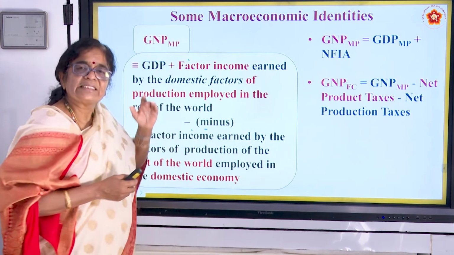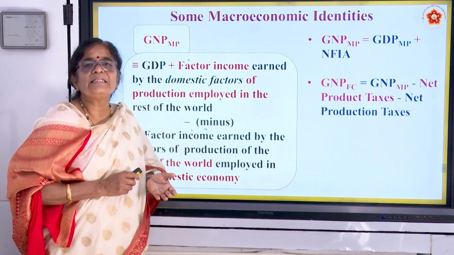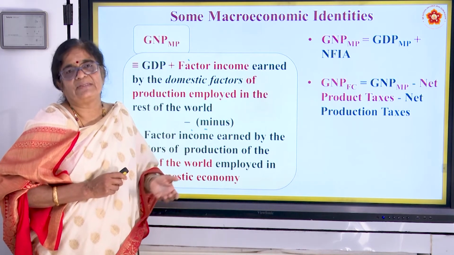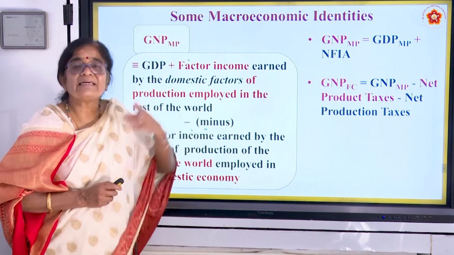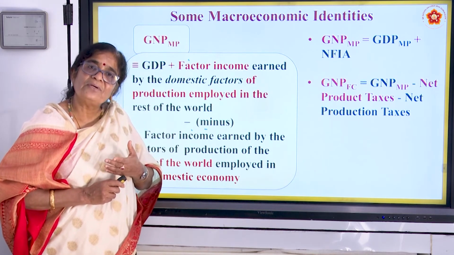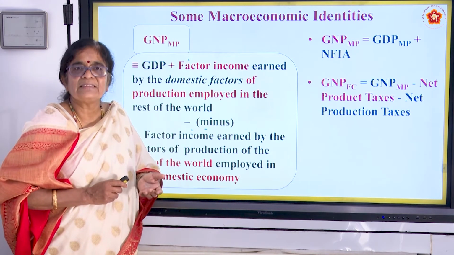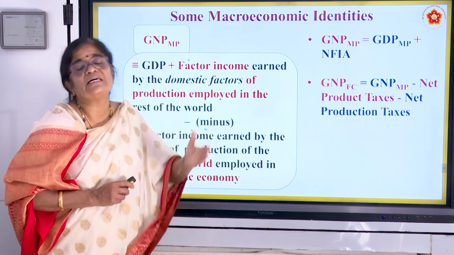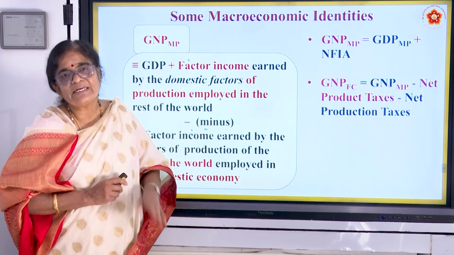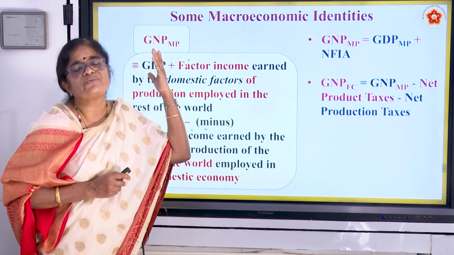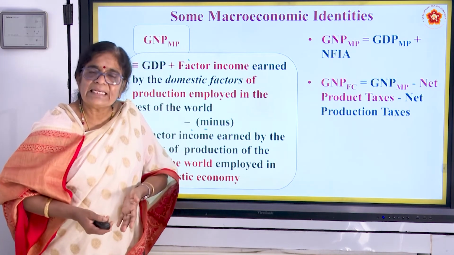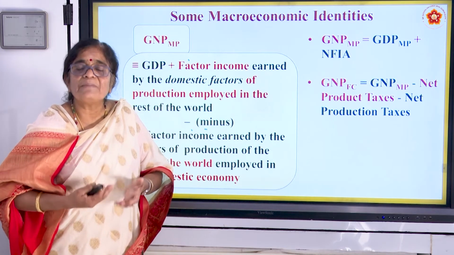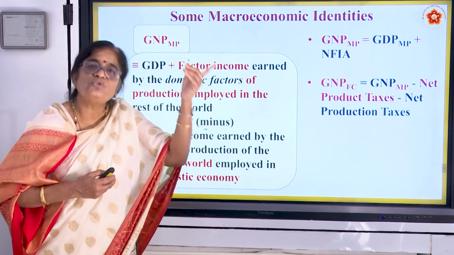I hope you understood. Factor income earned by the domestic resources which are employed in the rest of the world, that is citizens of India working in other countries but their income is coming to India, is added to GDP, minus factor income earned by the resources of the rest of the world employed in the domestic economy. For example, Microsoft from the USA working in the IT industry in India: the profit earned by Microsoft will go back to the USA only.